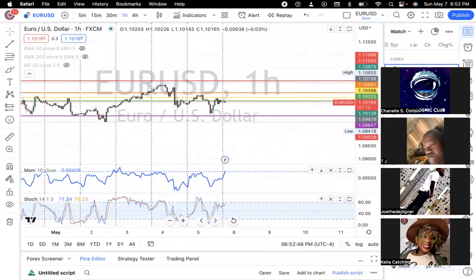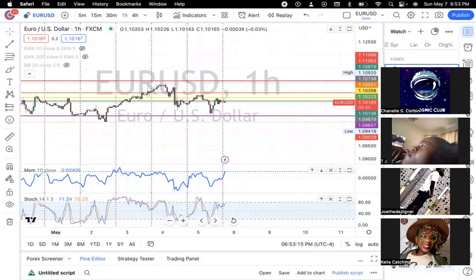I'll just drop the times in the chat as well, so that y'all can remember. And I'll put them in the Cosmic Club chat as well. So for the weekly, it's 100 plus pips for sure. Then we have the 4 hour, that's going to be 50 to 75 pips.